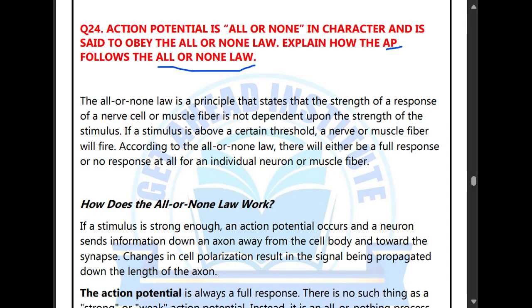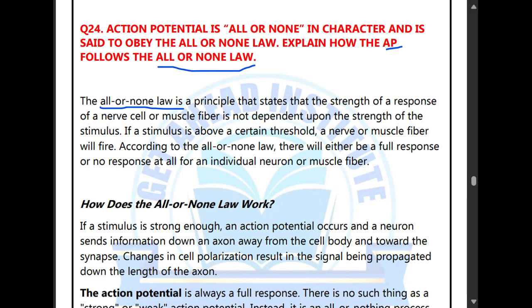Okay. Now, you must understand that when we're talking about this all or none principle, the all or none law is actually a principle which states that the strength of a response of a nerve cell or muscle fiber is not dependent upon the strength of the stimulus.